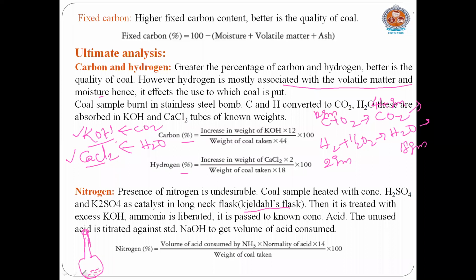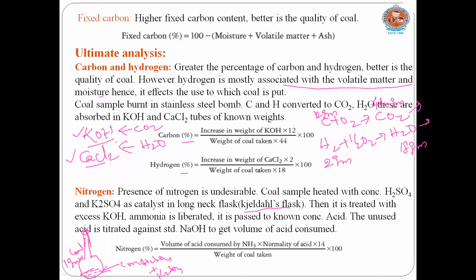Okay. So in the long neck glass flask, first we take concentrated sulfuric acid, H2SO4, and also add some amount of potassium sulfate catalyst, and add the powdered coal sample, approximately 1 gram.